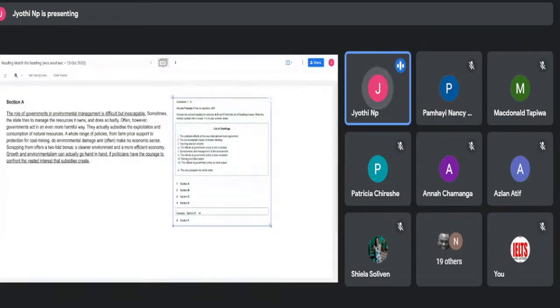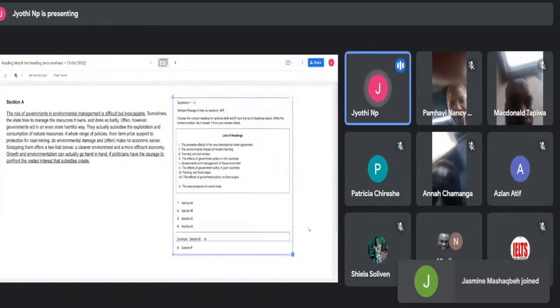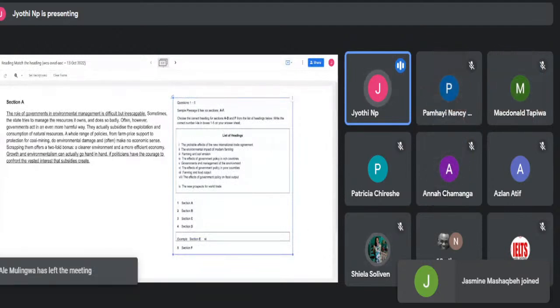Okay, can you all see? Is it visible? Here, on the right hand side, you have the questions, and on the left hand, you have the paragraph. Is it visible?